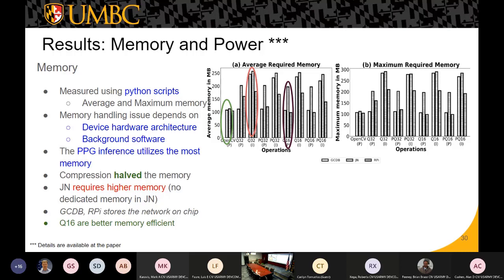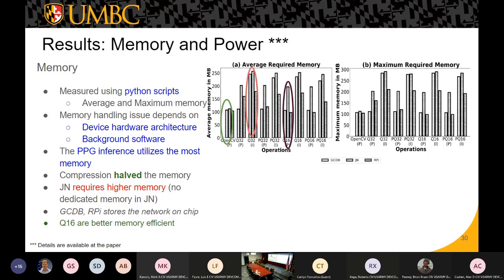But whenever we tried our big model without compression, it was a disaster. It did not work. After compression, we are now within the memory bottleneck, and our system works and does not hamper the regular workflow of devices like the Raspberry Pi and others. That's a positive for us.